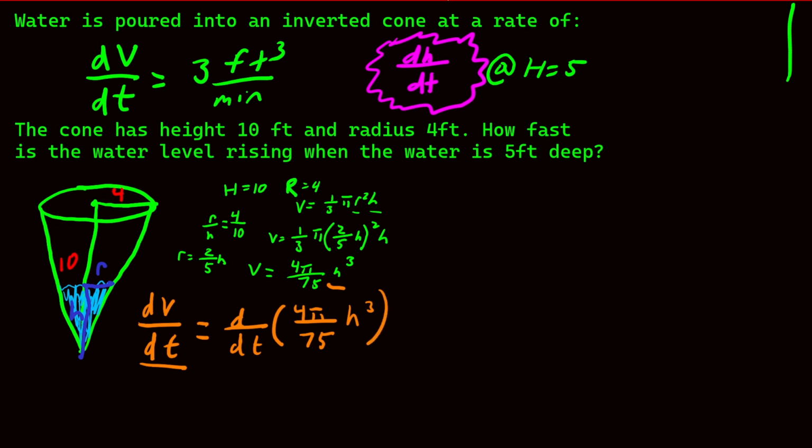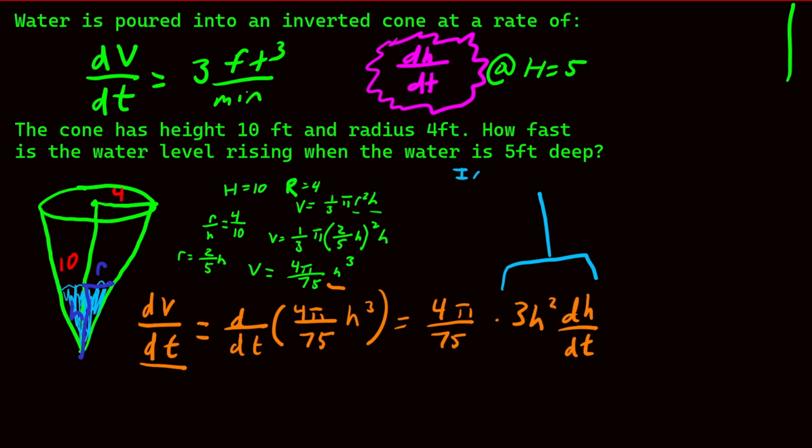So now we get 4 pi over 75 times 3h squared dh/dt, using, and let me just write this in blue so you guys know, implicit differentiation. And if you guys are a little bit shaky on this, I have a video on implicit differentiation. So I'd recommend you go watch that.